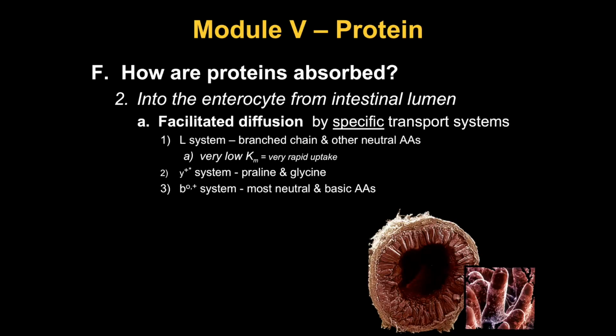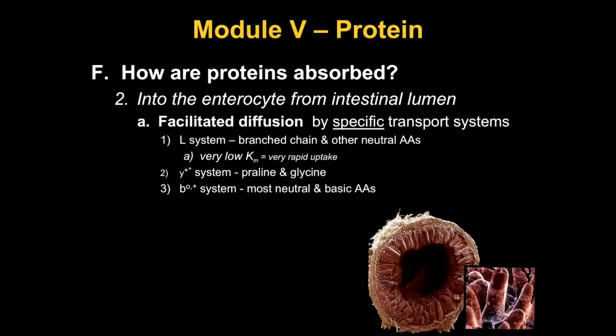In this instance, it happens to have a very low Km, which just means that we're going to preferentially absorb those. As you recall, the branched-chain amino acids are all essential amino acids, so it would make sense that we'd want a transport system that would absorb those quite quickly so that we internalize them and use them for our protein needs. There's also the y+ system, which targets proline and glycine.